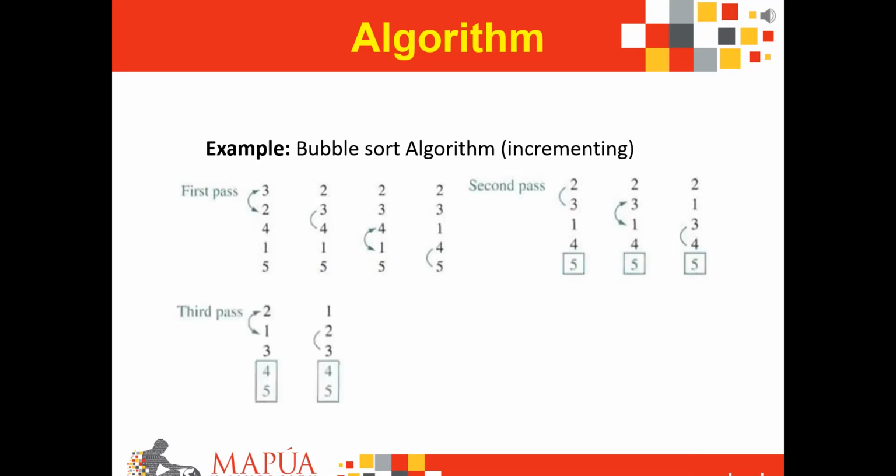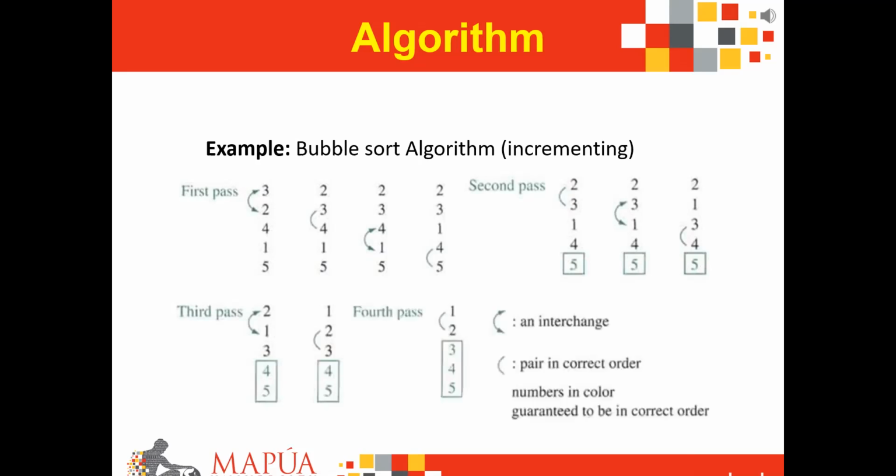And then on the third pass, the first two adjacent values are compared. 2 and 1 are in the wrong order, therefore swapping is done. Then 2 and 3 are checked. And then the next higher number, which is 3, is now locked into place.